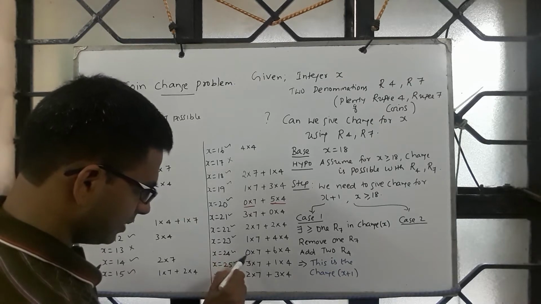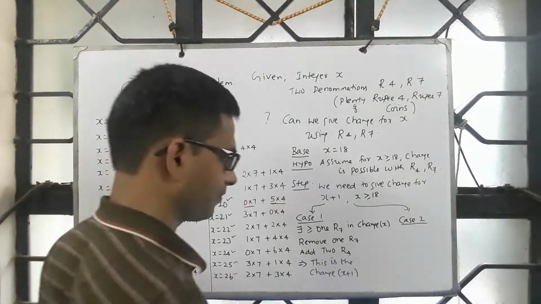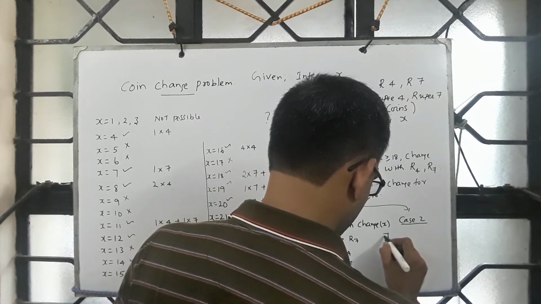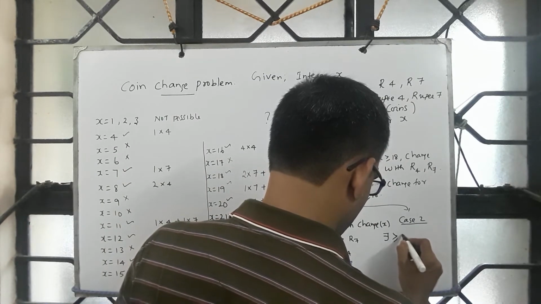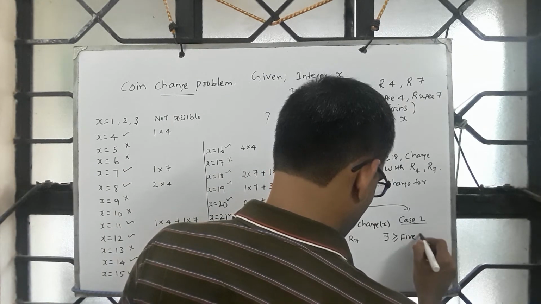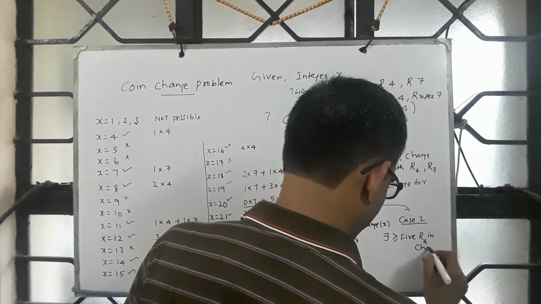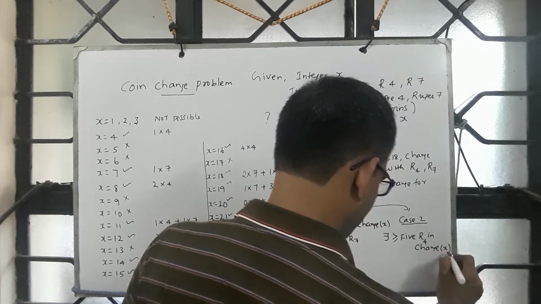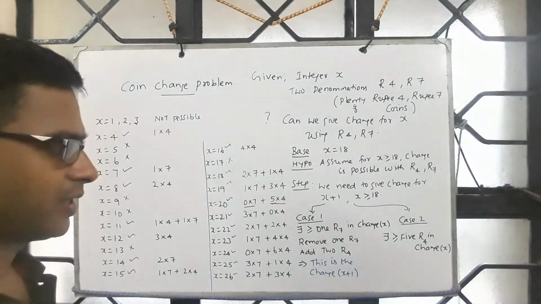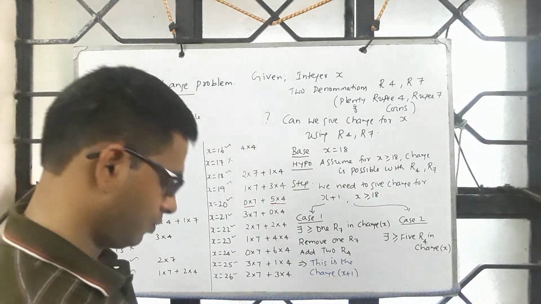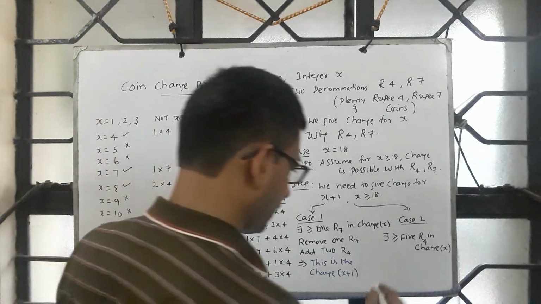When I don't find this, you find at least 5 4s. So there exist at least 5 rupee 4 in change of x. Correct?